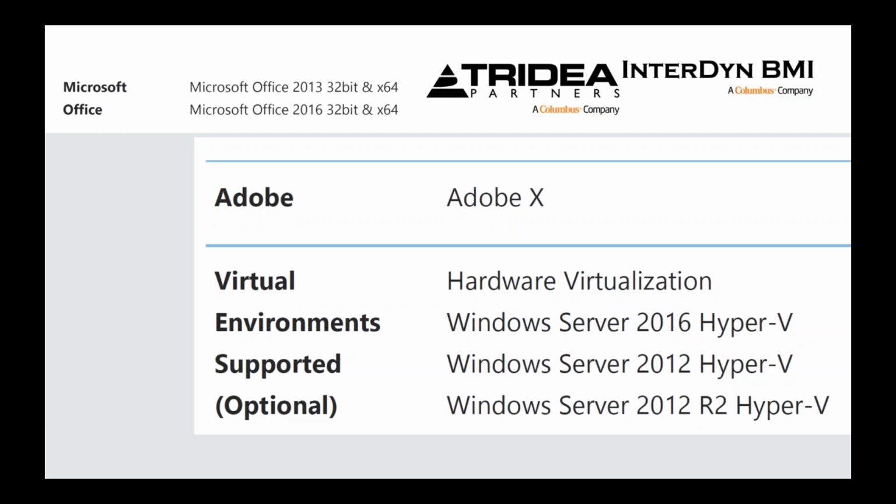For Microsoft Office, to get the best integration, Office 2013 or 2016 are best. It doesn't mean that you can't run GP if you have an older version of Office, but to get the best integration you need a more current version. A lot of things in the system can be converted to PDF format.